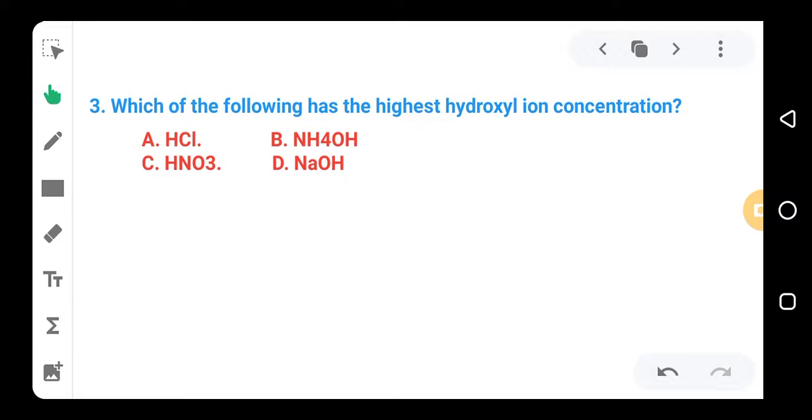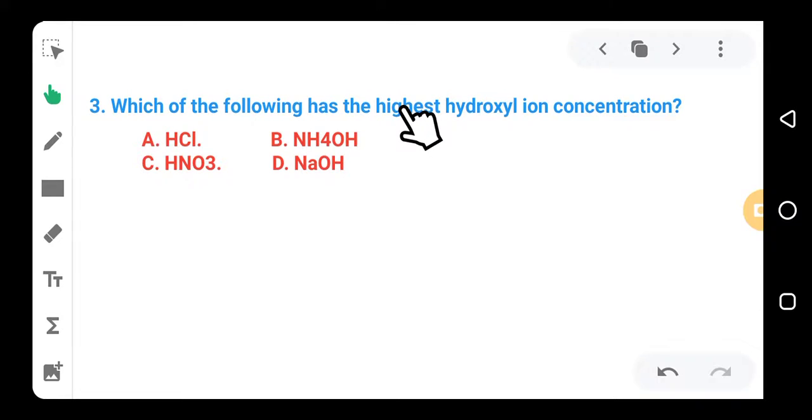D. NaOH, sodium hydroxide. Now, among these options, this and this, they are bases. Bases give us hydroxyl ion, while acids give us hydrogen ion. So we are going to concentrate on the bases. HCl and HNO3 are acids, while NH4OH and NaOH are bases.